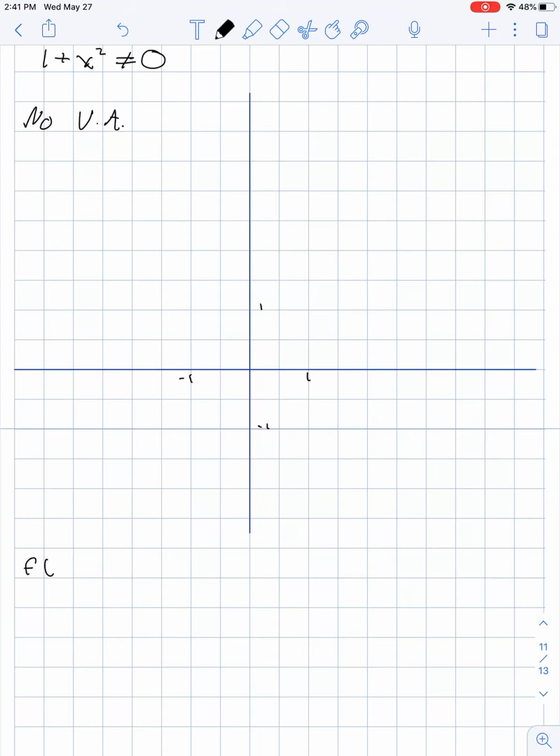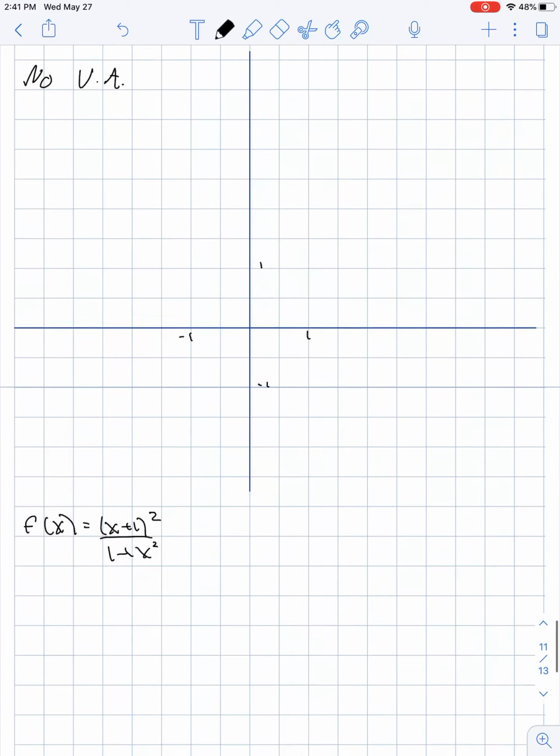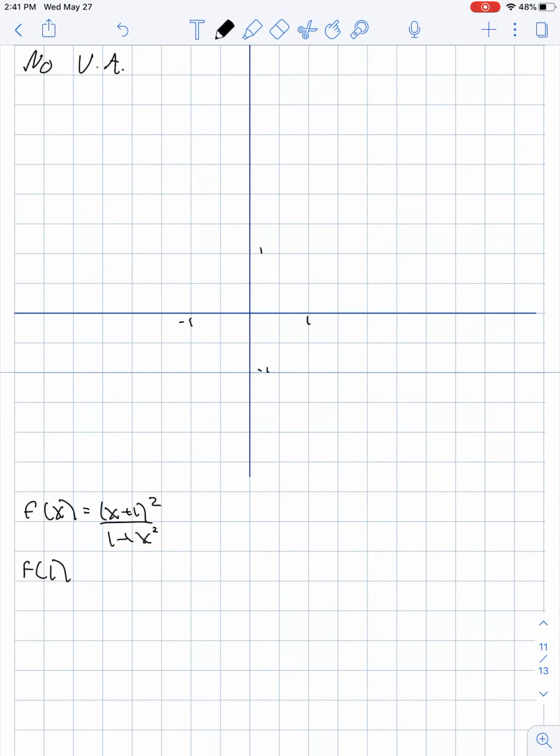So, right, f of x equals (x plus 1) squared over 1 plus x squared. So f of 1 will equal 2 squared over 2. So that's 4 over 2, which is just 2.